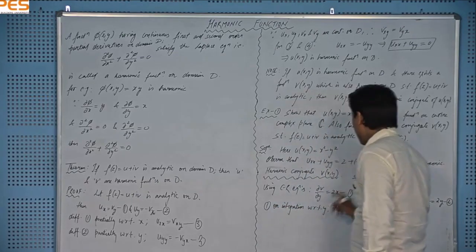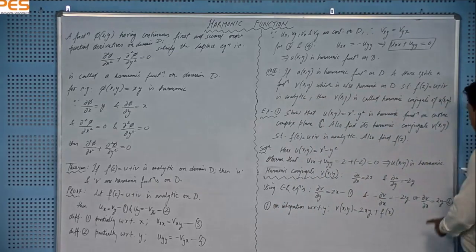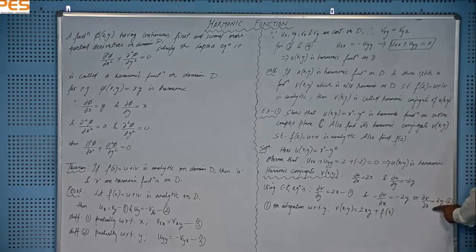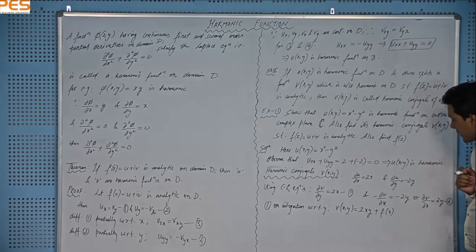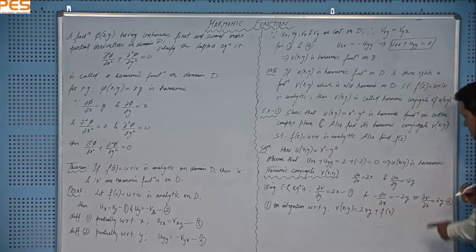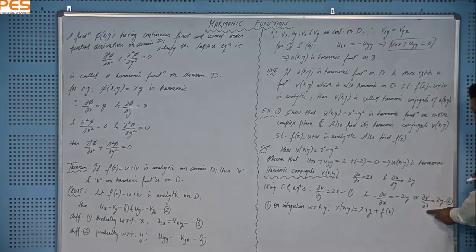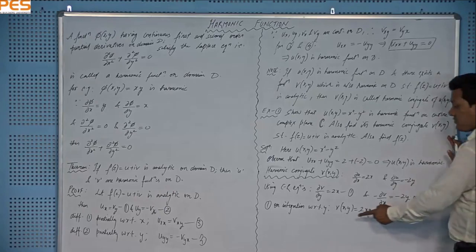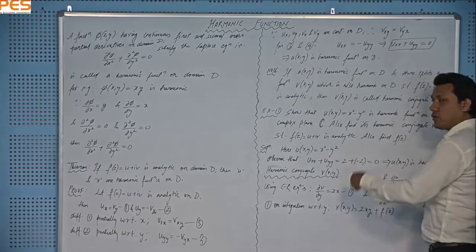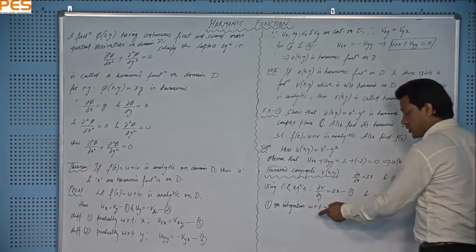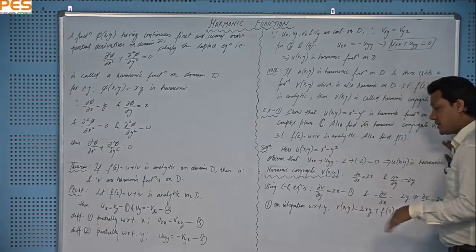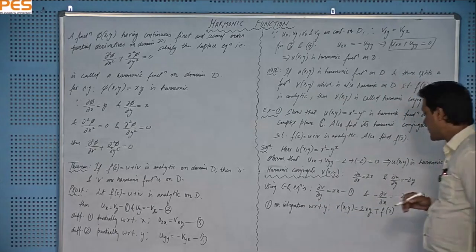On integration with respect to y we got this, and I need to use equation number 2 also. So I will differentiate it with respect to x, because I need del v by del x. However, this result was obtained by integrating with respect to y, and now you will differentiate it with respect to x.